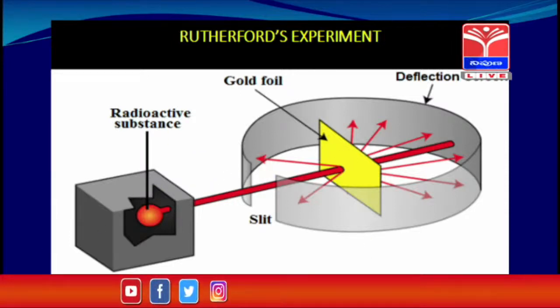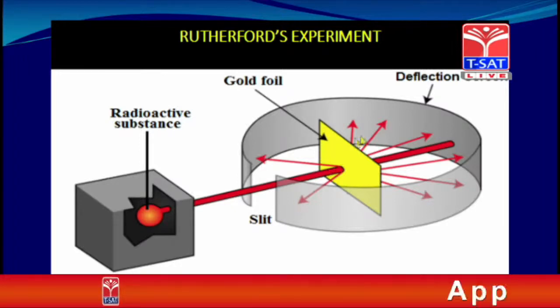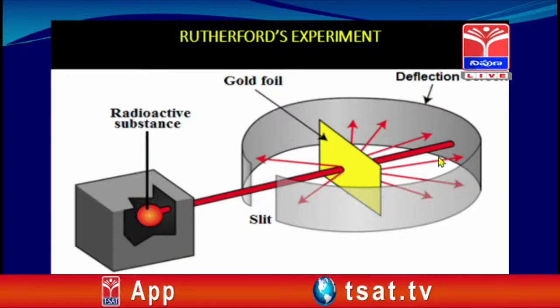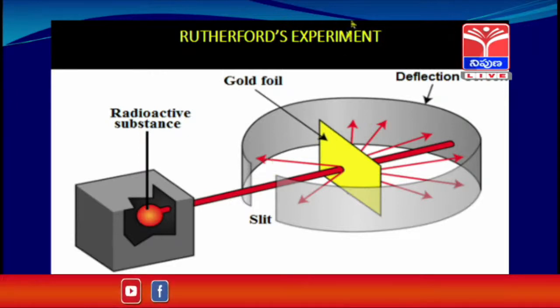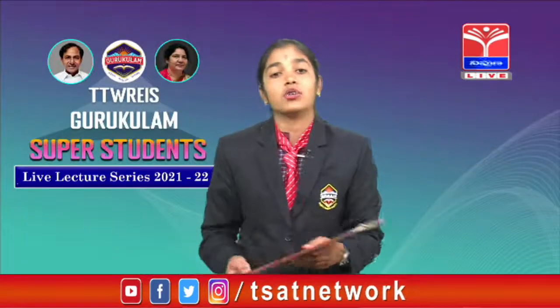In the lead box the rays are passing, and some rays go in a straight line, forming 180 degrees. Is it right? Yes. And some rays bounce back, forming small angles. Is it right? Yes. Now friends, I am going to do one activity.